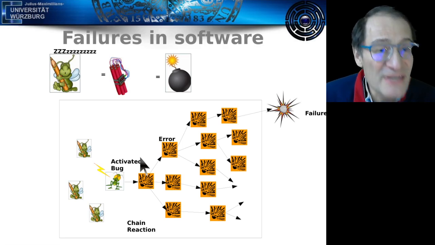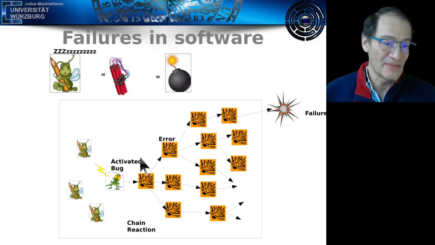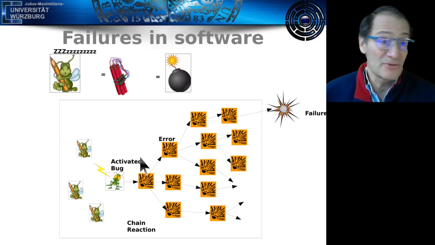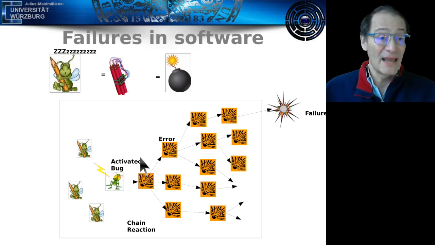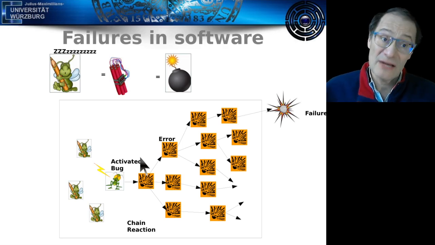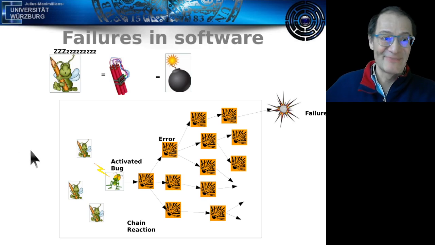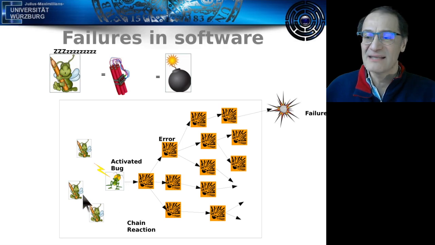And now let's consider the case of software. Do you remember at the beginning we said there is a difference if we are talking about software or mechanical components or electronic components. So in software, everything begins with the error. In the other components, everything begins with a fault, and the error is the consequence of the fault. But here, from the beginning, we have an error, a programming error, a bug. But normally the bugs are sleeping.